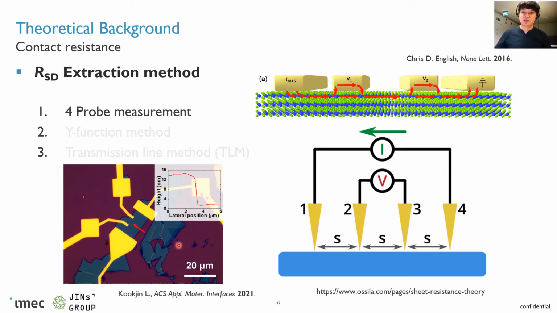In this method, the inner electrodes measure the voltage here, while the outer electrodes apply the current source. From this, we can extract the channel resistance and also calculate the contact resistance. So I think this is a very powerful method.